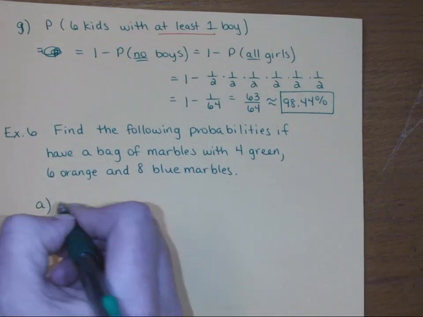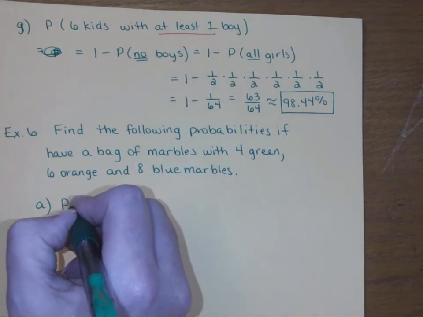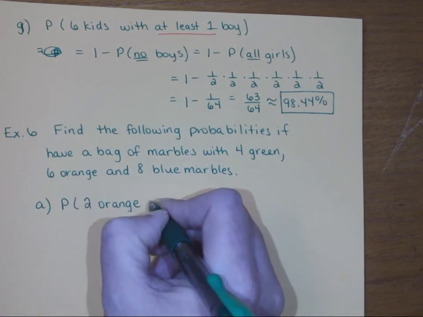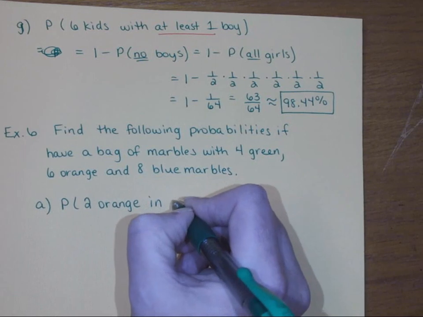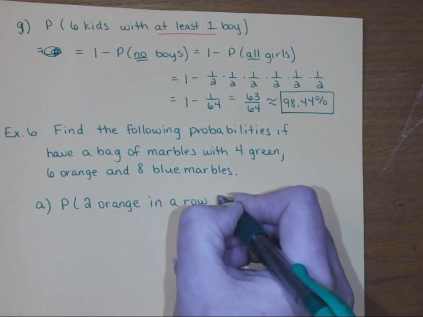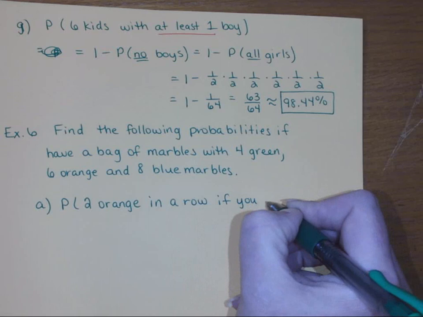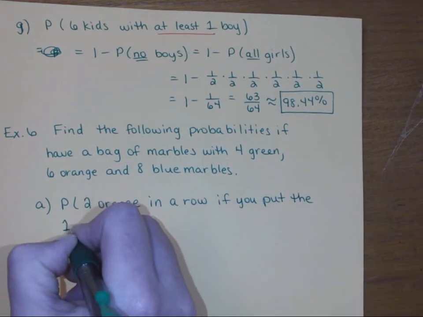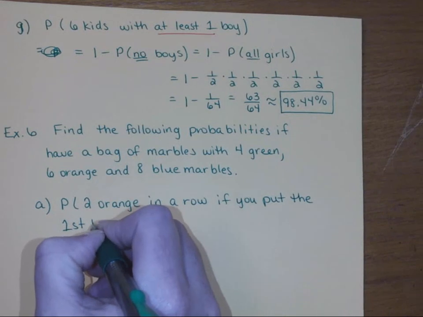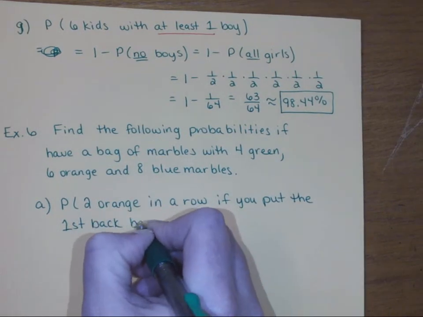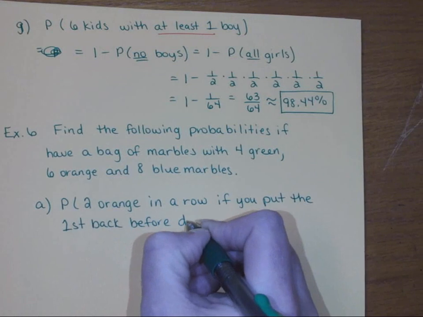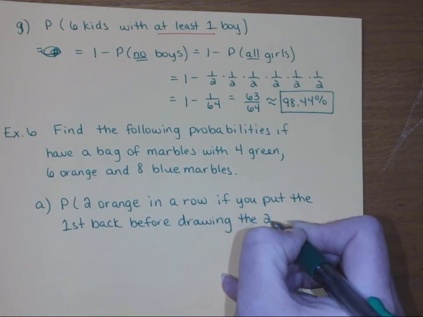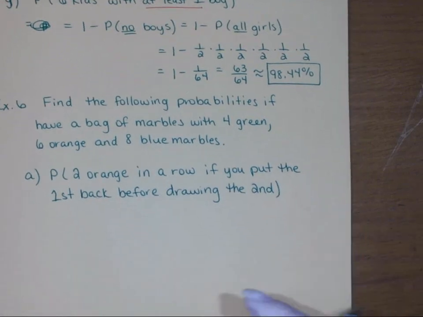So I want us to find the probability of the following, and they are different, so you need to look at the nuances in what I'm asking. I want the probability of 2 orange in a row if you put the first marble back before you draw the second. And then I also want to talk about what the probability will be if we don't do that. In other words, if we pick a marble and we don't put it back before we draw the second.